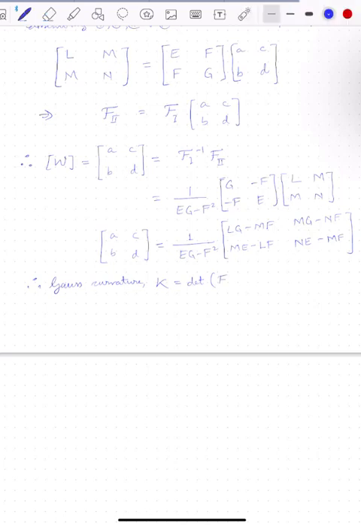Of course, that's what it was. First of all, it was the determinant of the matrix W. This is equal to the determinant of F1 inverse and F2.